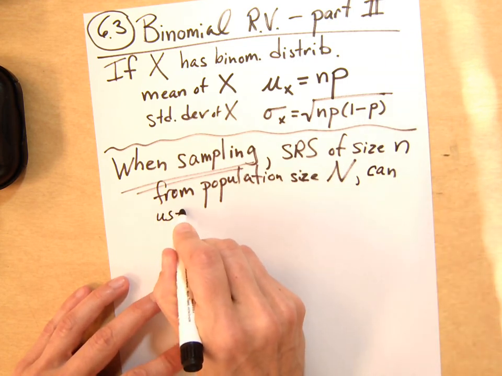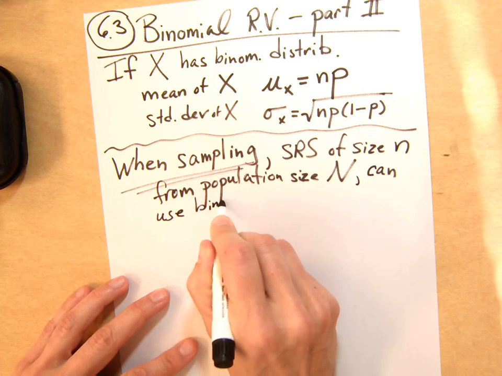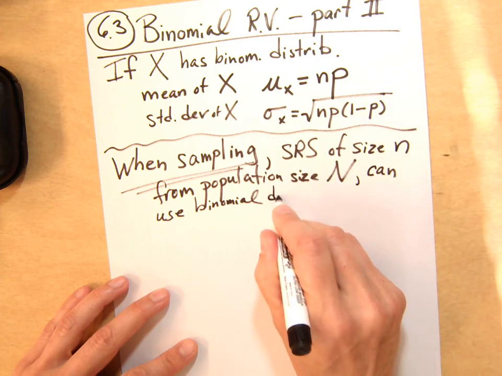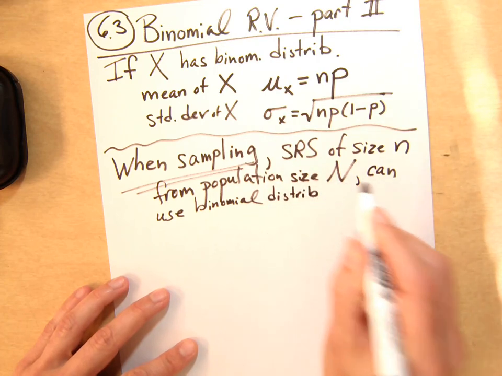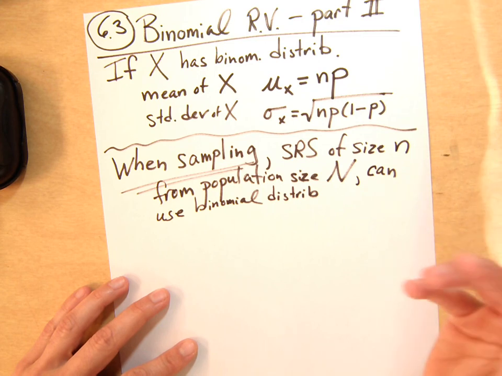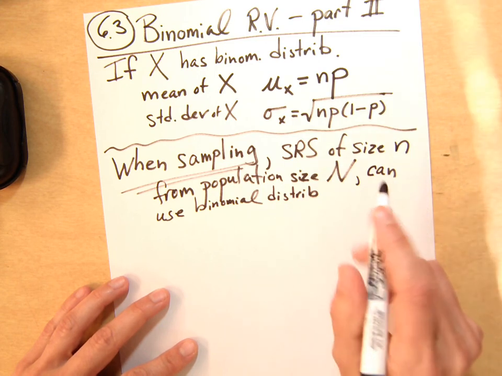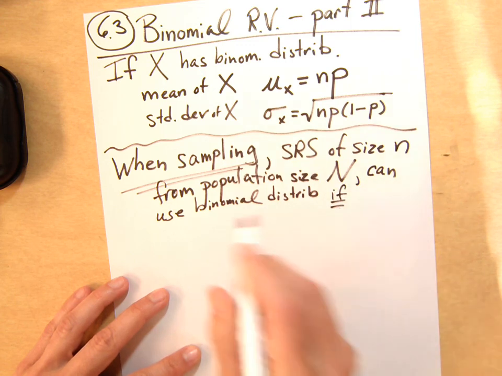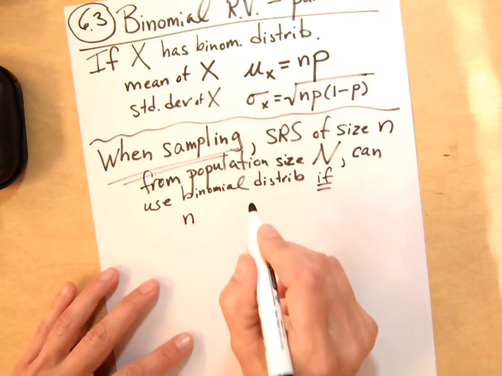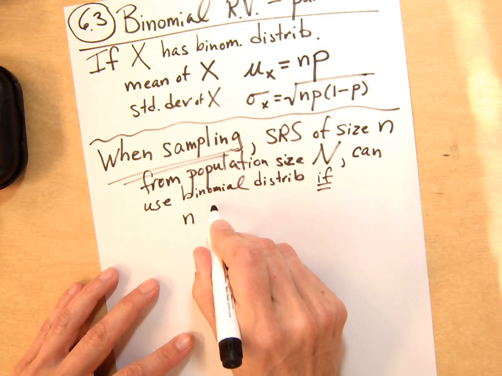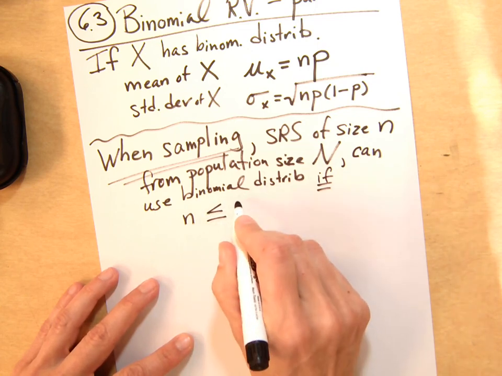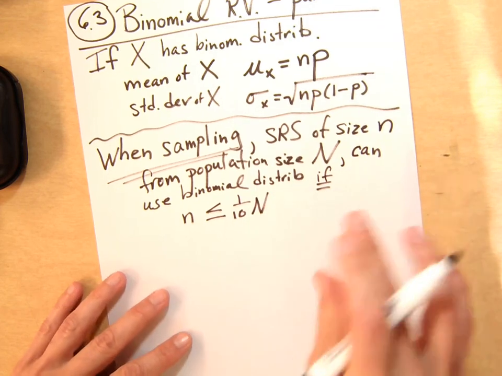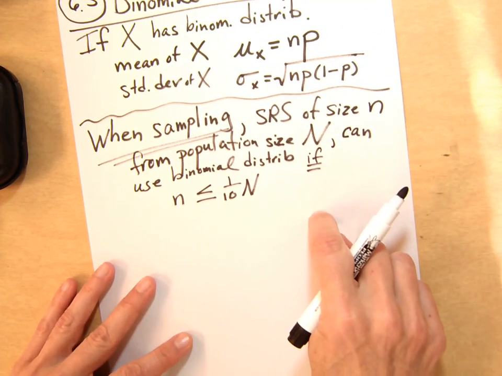So you can actually use a binomial distribution, which means we can use the formulas for it. And we've kind of wondered about this before, how do we know what sample size to take? We can use a binomial distribution if our sample size n is not more than 1/10 of the size of the population, then we can still use a binomial distribution.